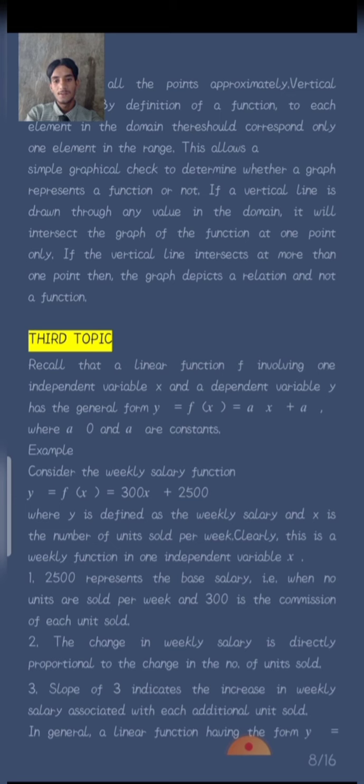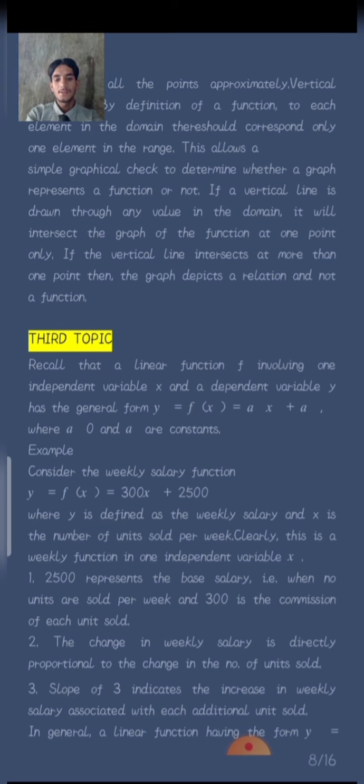Example, consider the weekly salary function y = f(x) = 300x + 2500, where y is defined as the weekly salary and x is the number of units sold per week. Clearly, this is a linear function with one independent variable x. Number one, 2500 represents the base salary when no units are sold per week, and 300 is the commission on each unit sold.